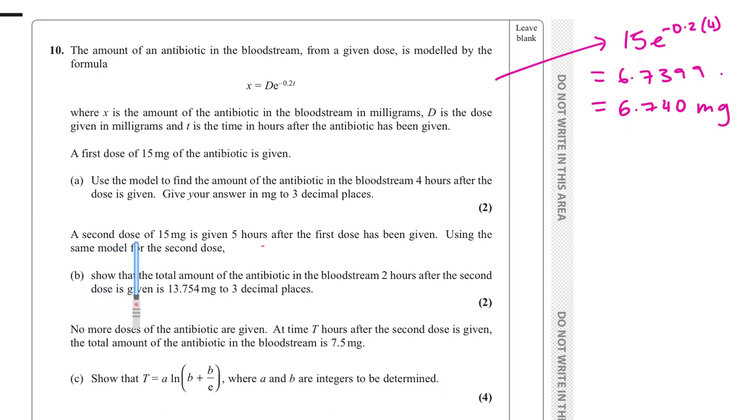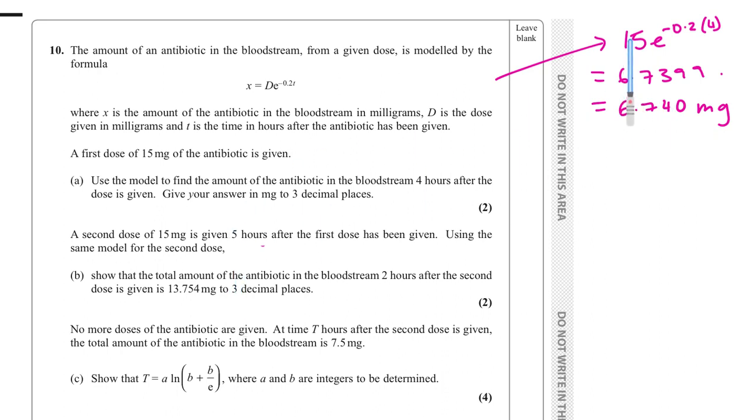So it then says a second dose of 15 milligrams was given 5 hours after the first dose, using the model for the same dose. Show that the total amount of the antibiotic in the bloodstream 2 hours after the second dose is given is this. Right, so first of all, we've seen that after 4 hours, there's still some in the body.